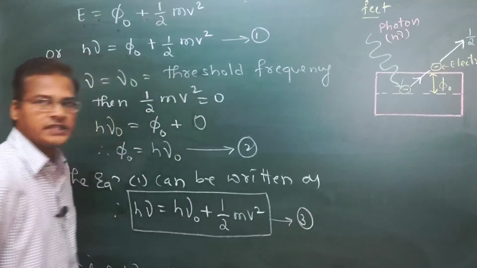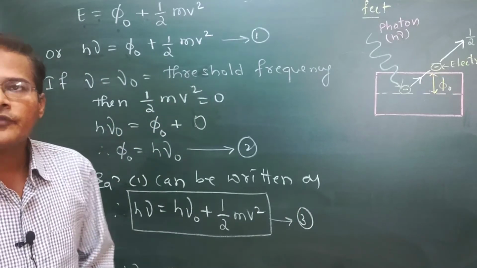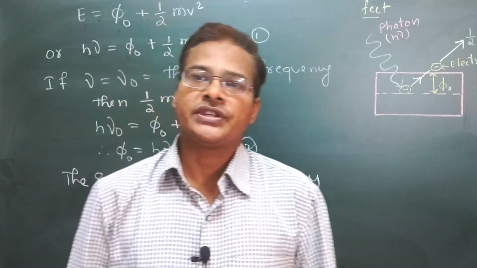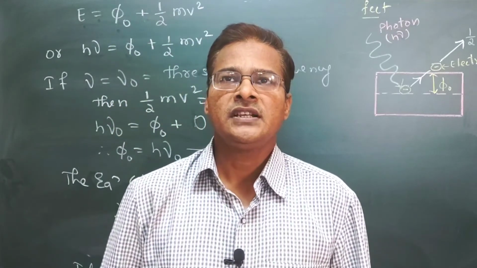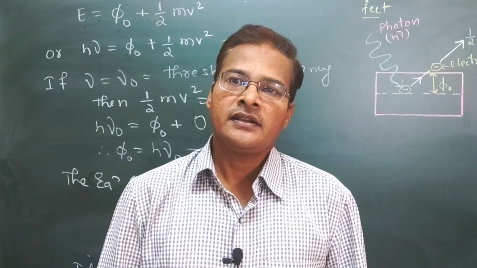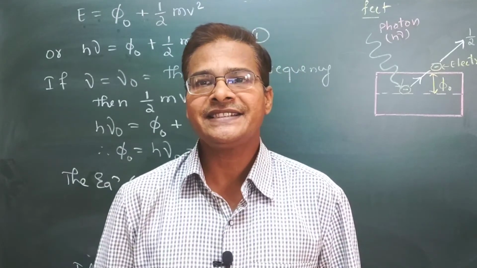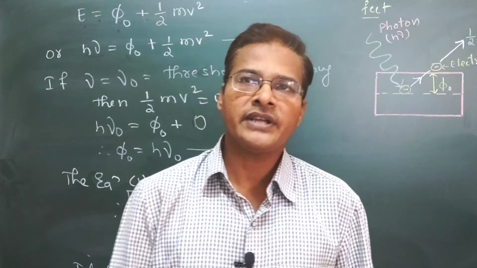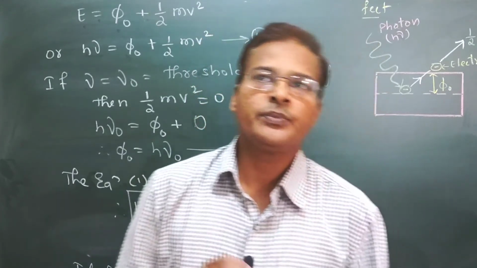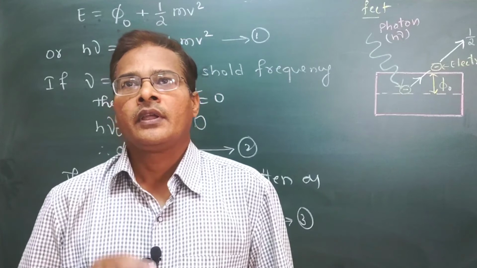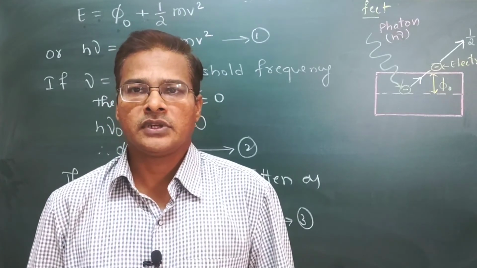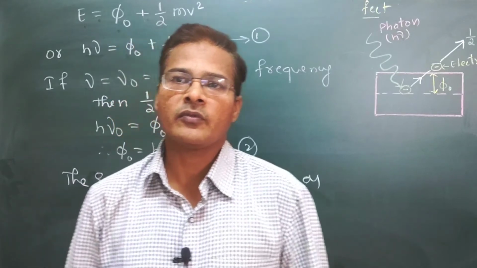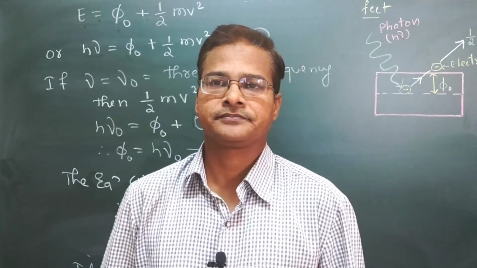Now we are going to see how some laws of the photoelectric effect can be explained by Einstein's equation. First, the photoelectric effect is instantaneous. According to Einstein, the collision between the photon and electron is of the order of 10 to the power of minus 8 second.